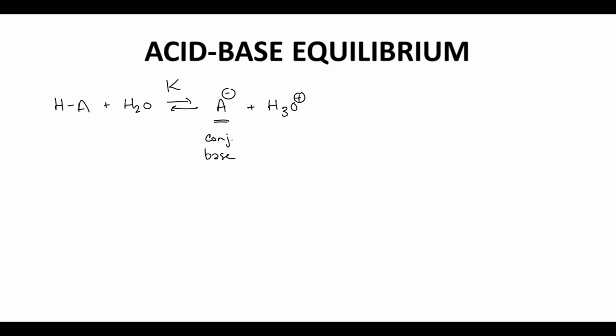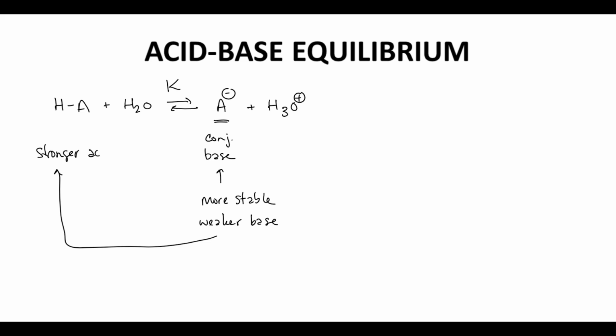The more stable that anion, the weaker that conjugate base is, and therefore the stronger the acid will be.